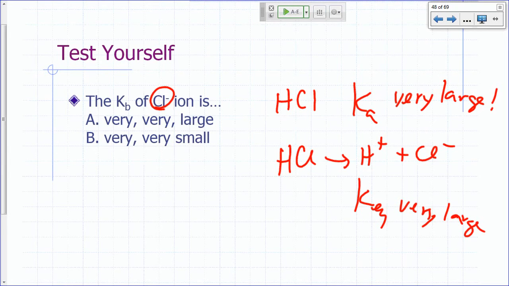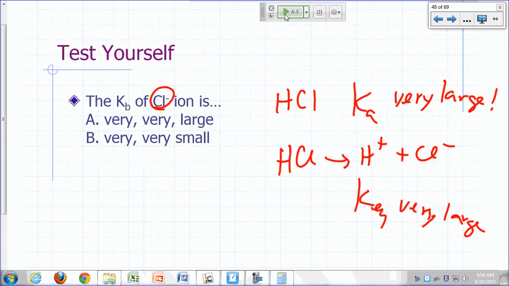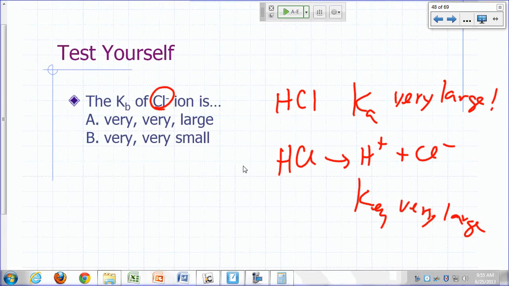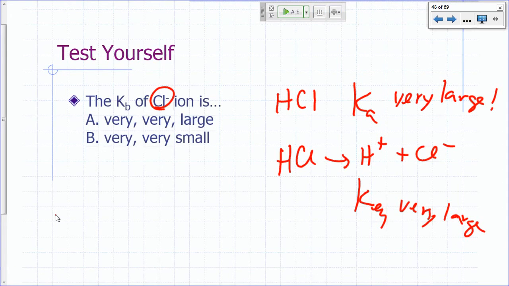So given that the Ka of HCl is very large, what do you expect the Kb of chloride ion to be? It's got to be very, very small. In fact, if I were to ask you, why is a sodium chloride solution, why doesn't the chloride ion make your water basic?